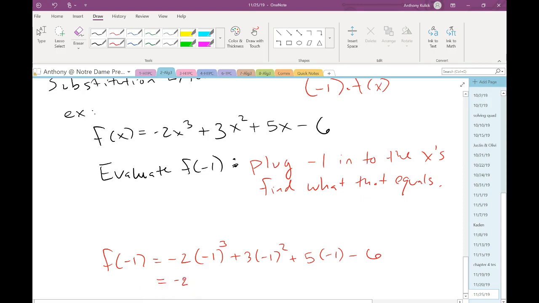So negative 1 to the third, well, that's negative 1 times negative 1 times negative 1. Negative 1 times negative 1 is 1, and when I multiply by negative 1 a third time, I just get negative 1 again. Negative 1 squared is negative 1 times negative 1, which is just 1. 5 times negative 1 is negative 5.